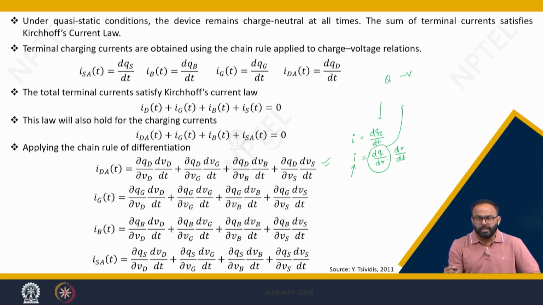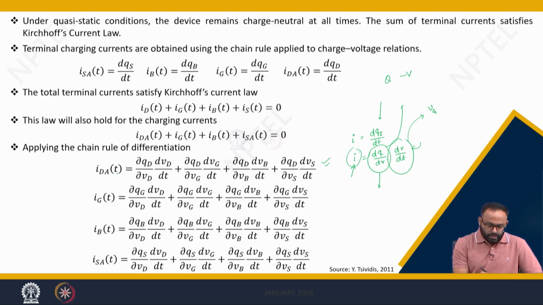In the next lecture also we will see how we can form a relation between charge and voltage in quasi-static operation. This is nothing but the voltage change with time, which is given to us. Accordingly, we need to calculate the terminal current.